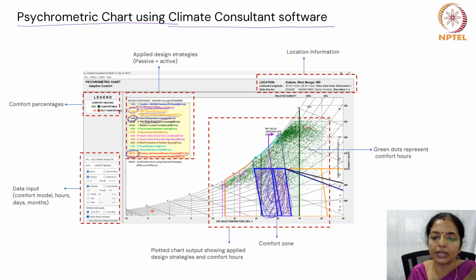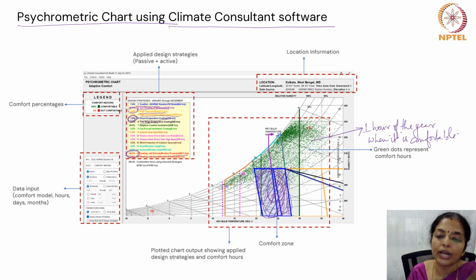be comfortable. All the green dots represent 1 hour of the year when it is comfortable. And if it were not comfortable, that dot would have become a red dot.